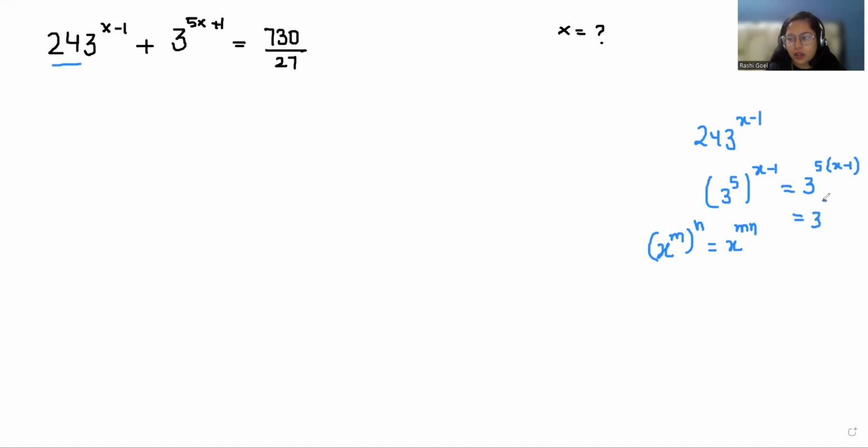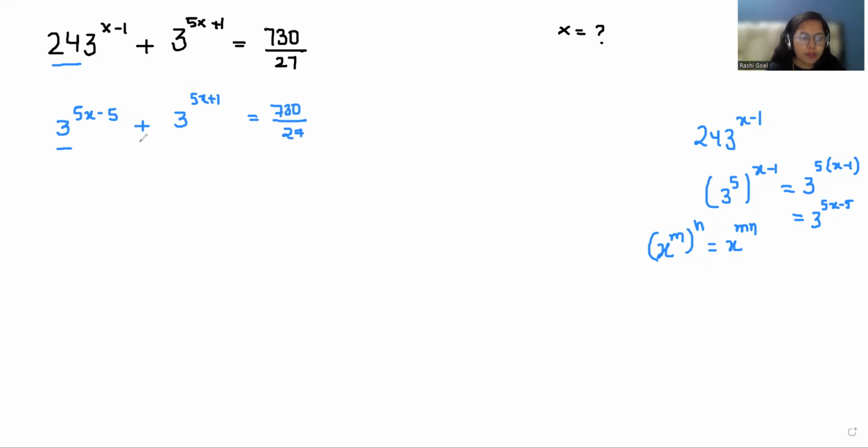If we multiply, we get 3^(5x-5). So let's substitute the value: 3^(5x-5) + 3^(5x+1) = 730/27.